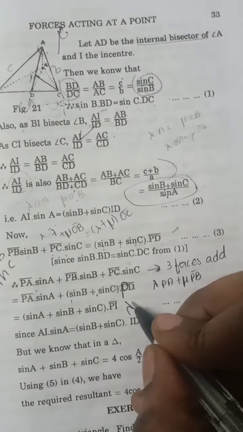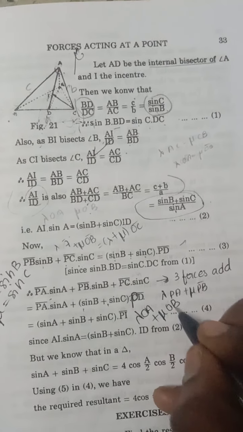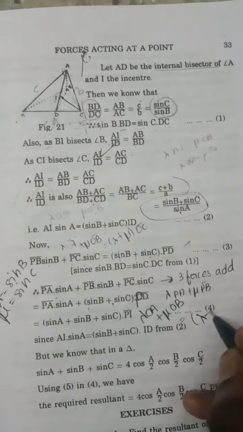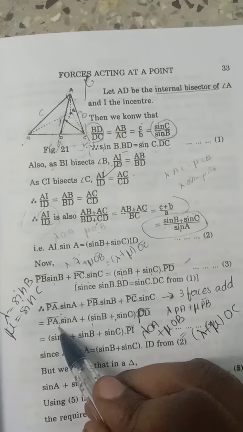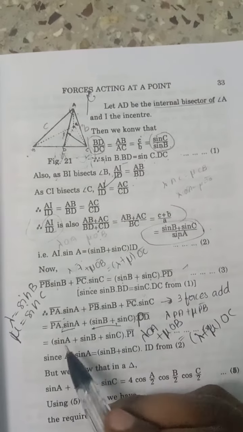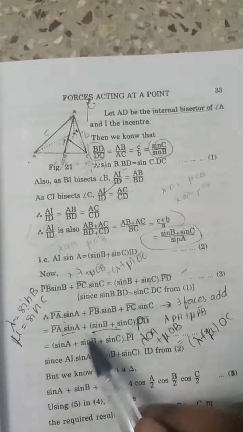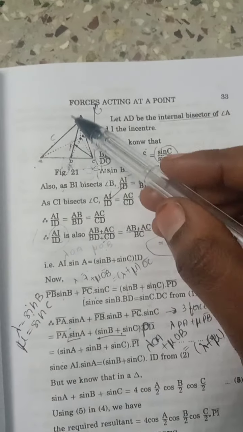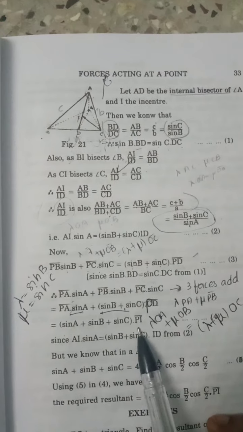So lambda is sin A, mu is sin B plus sin C, and OC here is PI. Okay, then we put that PI.